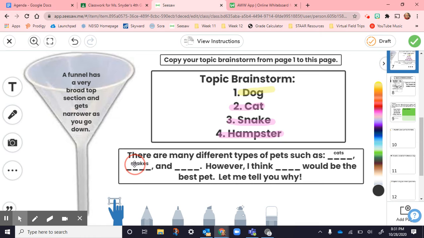And the third one is hamster. All right, and then I'm going to save. So I'm talking very broad. There are all of these different kinds of pets, such as cats, snakes, and hamsters.